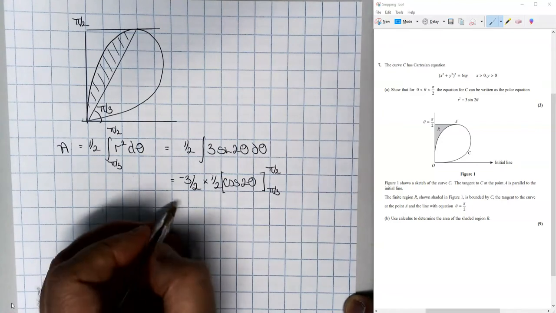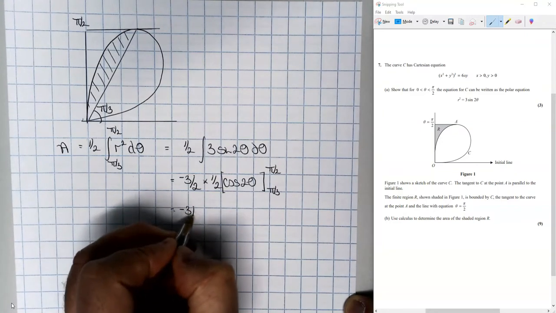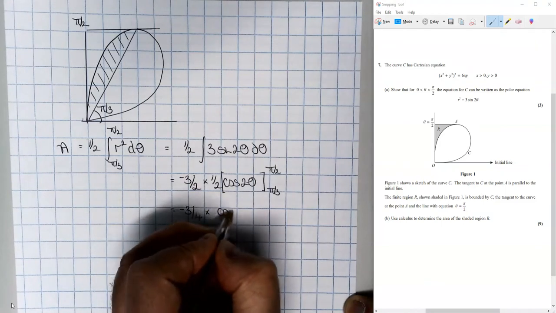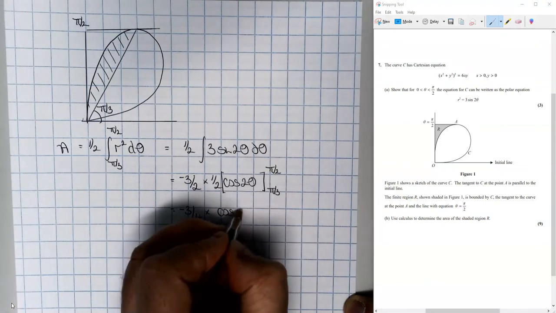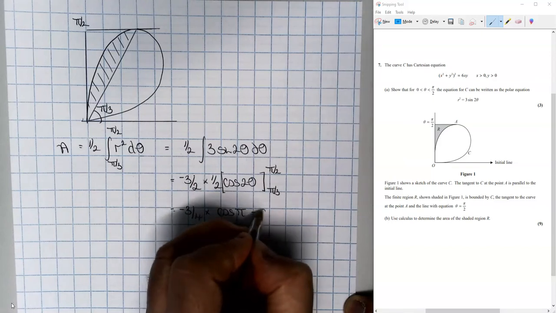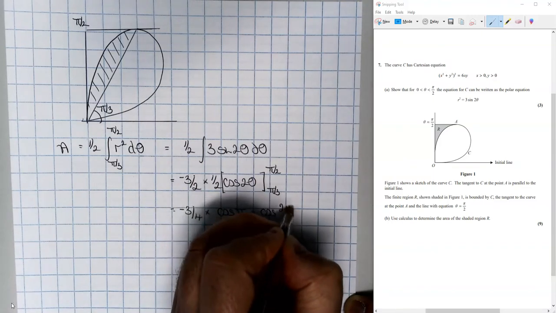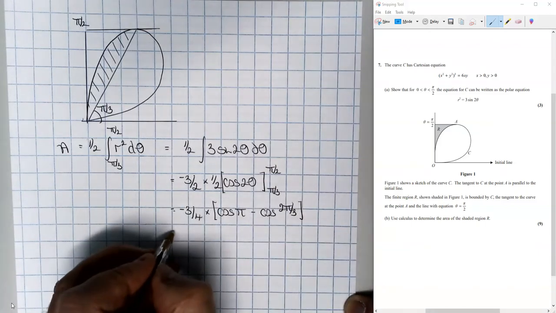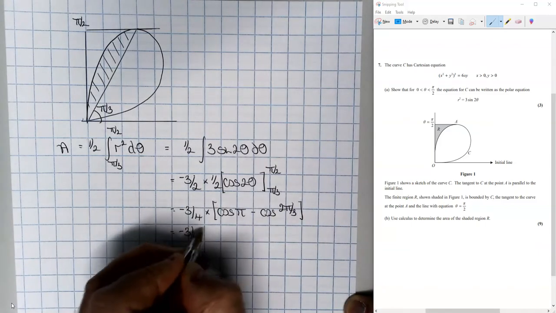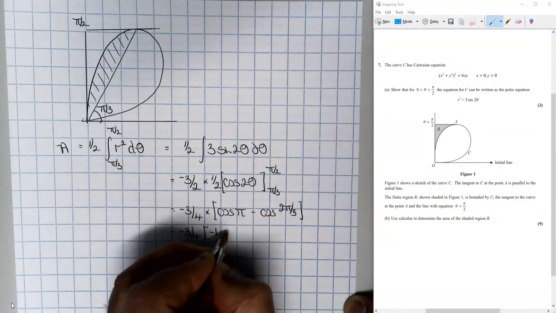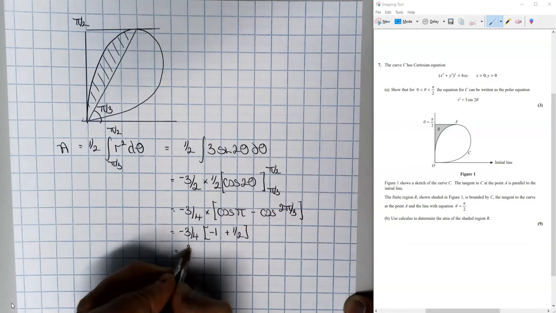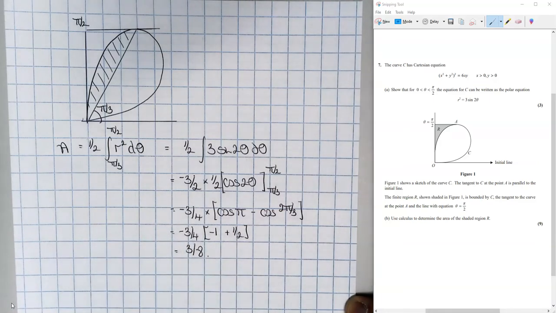Okay, so we're left with minus 3/4 times cos pi, take away cos 2 pi by 3, which is minus 3/4 times minus 1 plus a half, which equals 3/8.